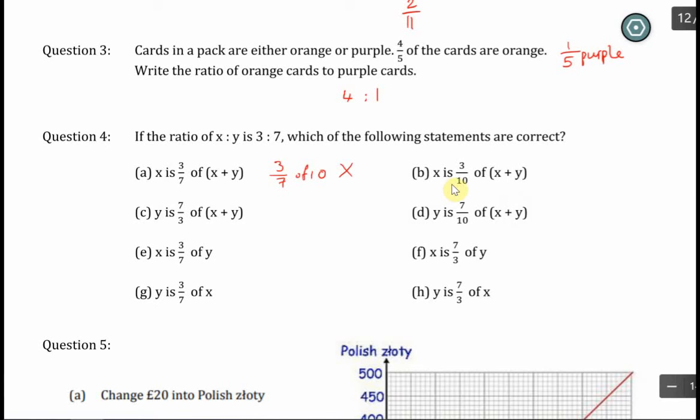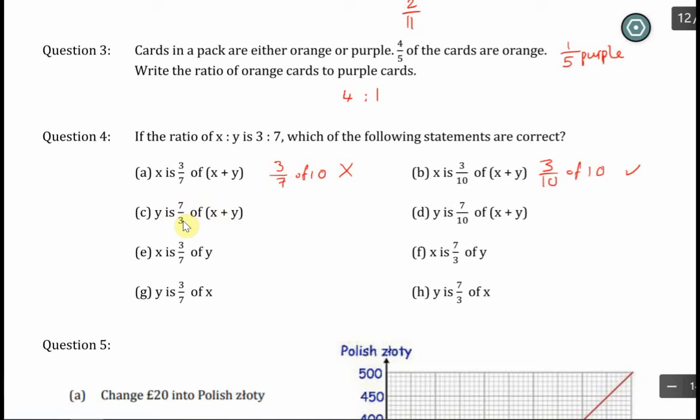B, x is 3/10 of both parts added together. Is 3 3/10 of 10? Yes, it is. So if we divide 10 by 10, we would get 1. Multiply by 3, we would get 3. C, y is 7/3 of x plus y.